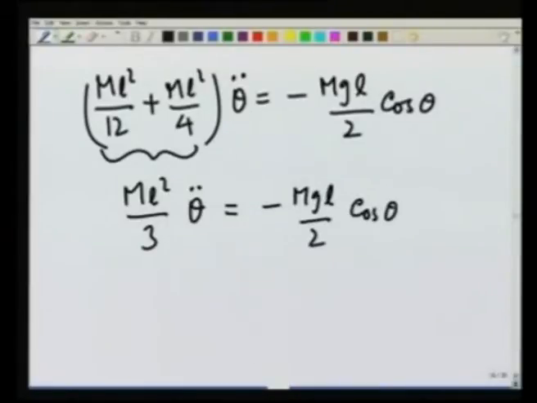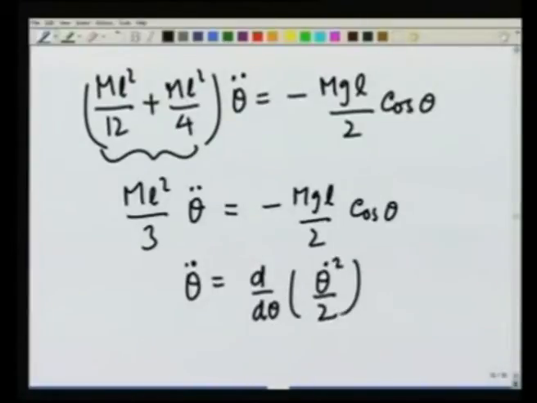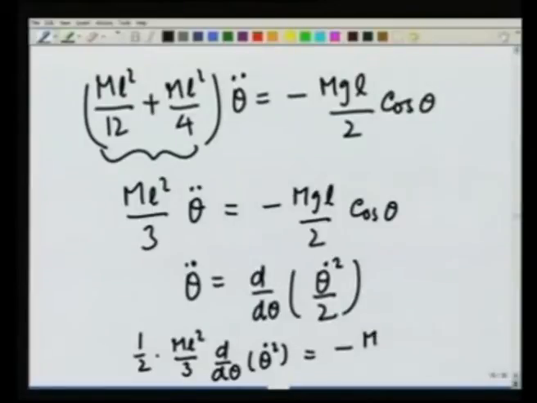I want to integrate this equation, and therefore I am going to write theta double dot as equal to d over d theta of theta dot square over 2, and therefore this equation becomes 1/2 m L square over 3 d over d theta theta dot square is equal to minus m g L over 2 cosine of theta.